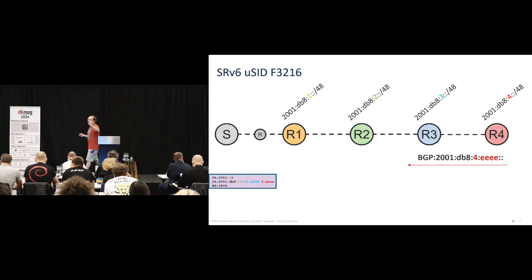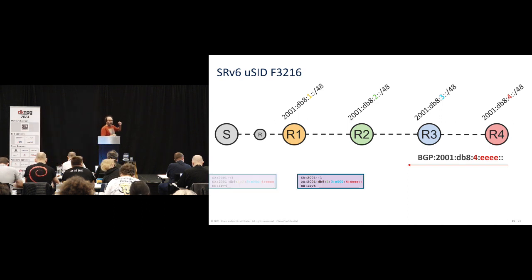And router 1 will do just 2 simple steps, and we call them shift and forward. It will shift whatever is beyond the SRv6 micro-SID block by 16 bits to the left. That way it will get a new destination IP address, which is 2001:DB8:2, and it will forward it, shift and forward.